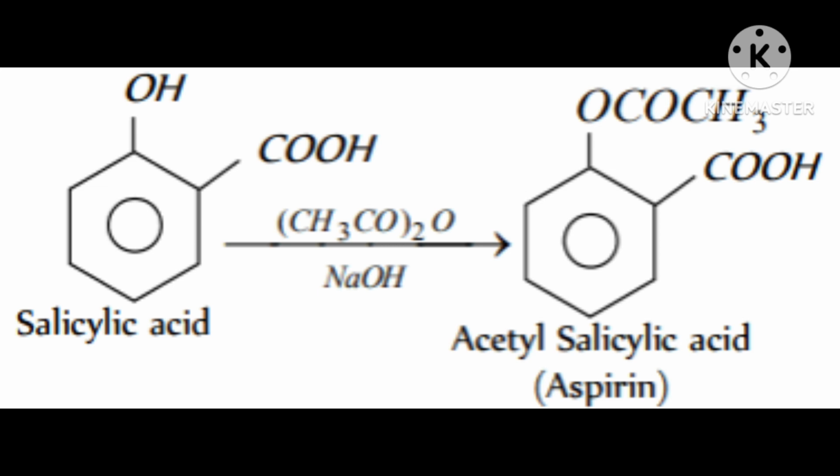R means methyl, ethyl, whatever. Then C and O: cleavage of the C and O bond means breaking of the C and O bond. On this basis, you will come to know the products when the C and O bond breaks, either in alcohol or in phenol.